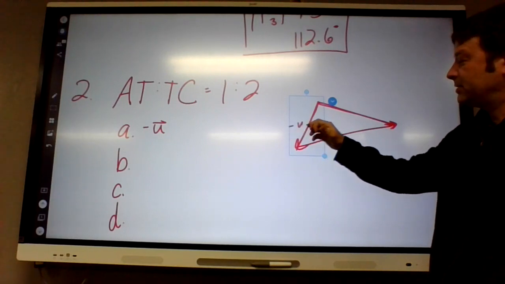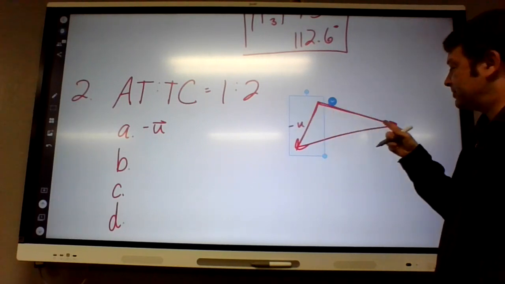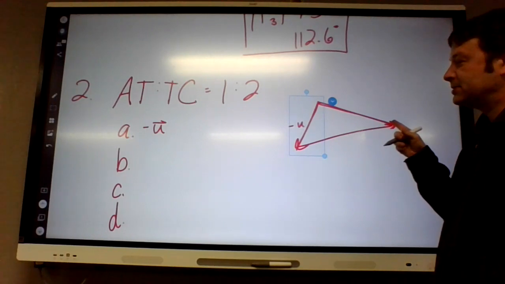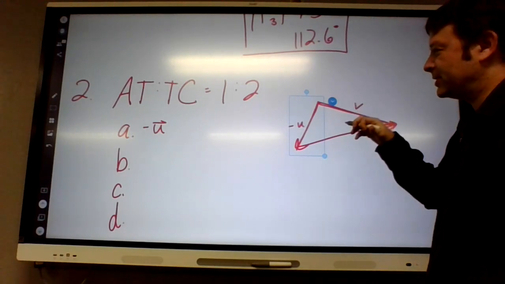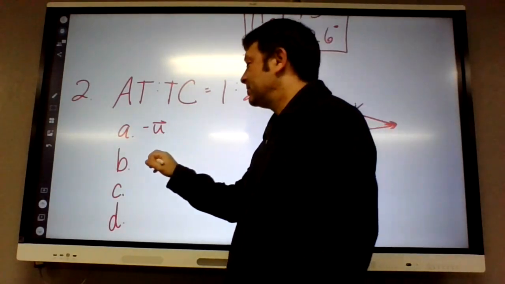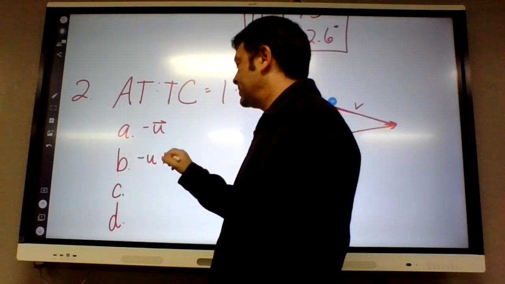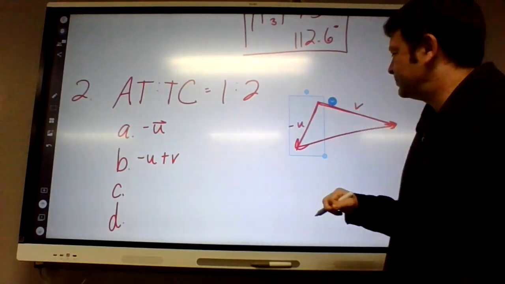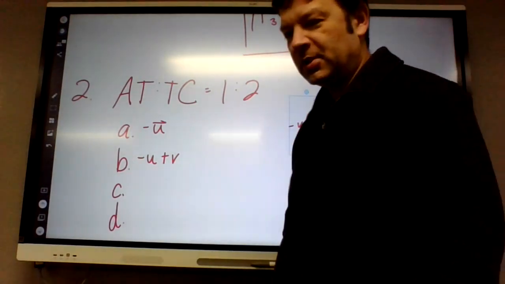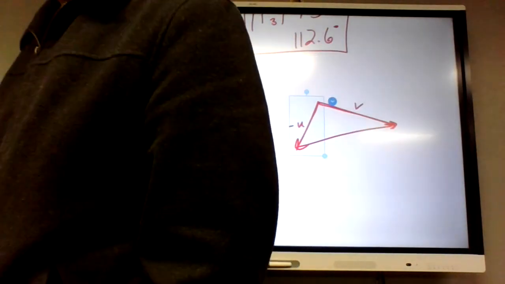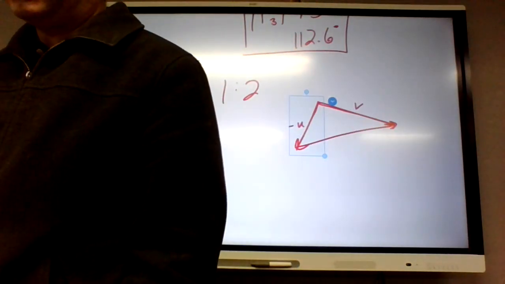Negative U. And then I need to go that much, V. So what would the total length be? Negative U plus V. So close. Just needed to combine that previous answer with that.